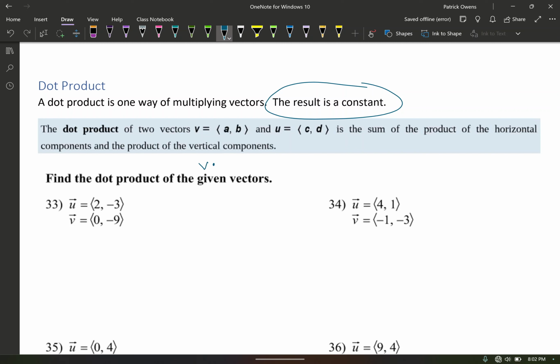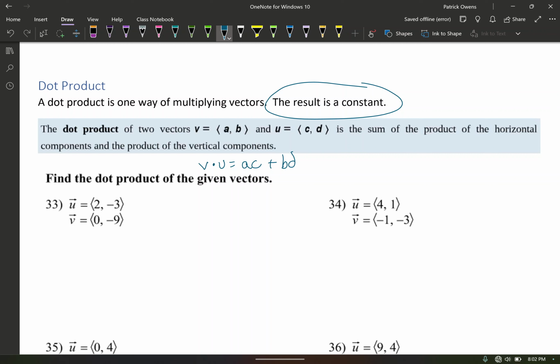So our dot product, which we write out as a dot, like V dot U, is going to be equal to the sum, so we're adding some things, the product of the horizontal components, the product of the vertical components. So product is multiplication, so it's A times C plus B times D. So you're taking your x components, multiplying them, taking your y components, multiplying them, adding them together.